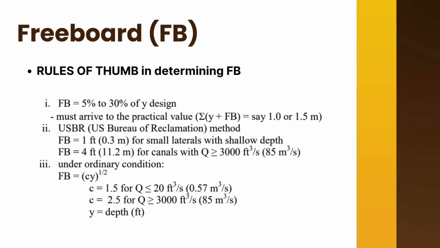C equals 1.5 if the flow rate Q is less than or equal to 20 cubic feet per second, or 0.57 cubic meters per second. C equals 2.5 if the flow rate Q is greater than or equal to 3,000 cubic feet per second, or 85 cubic meters per second. Y is the flow depth in feet. This method adjusts the freeboard based on how much water is flowing, giving flexibility for different situations.